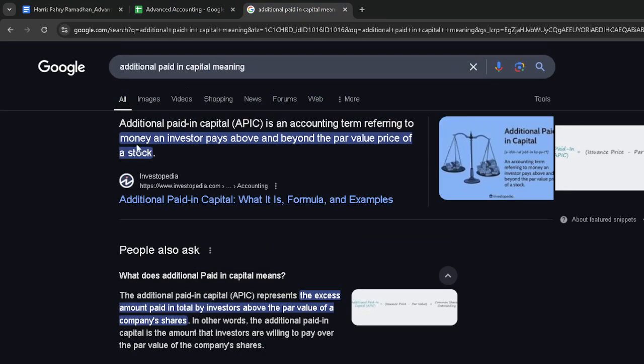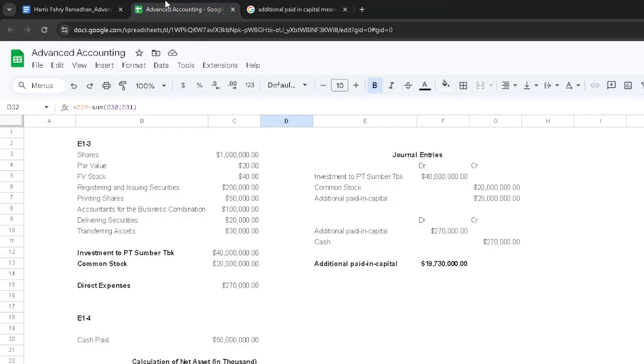It means the money that an investor pays above and beyond the par value price of a stock. I don't know exactly what it means, but the way I understand it is that an investor pays something, and they invest. Additional paid-in capital is the additional amount that you get aside from the common stock. That's how I like to understand it.